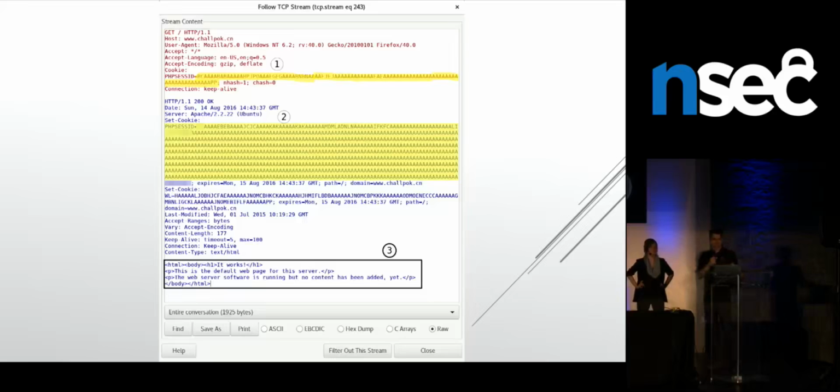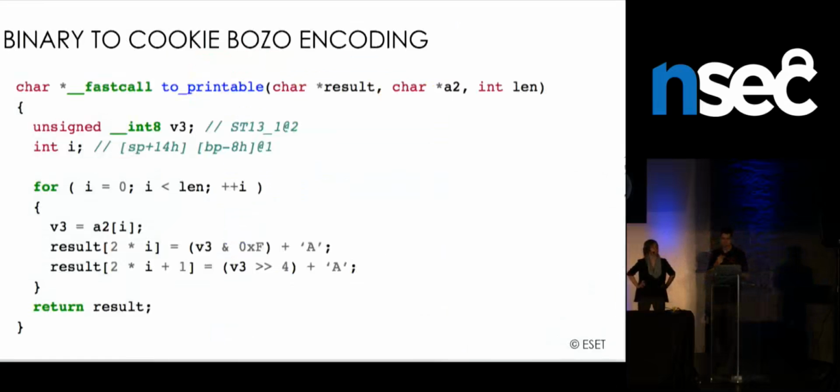Anyway, so now that they encoded in PHP session ID fake cookies, we thought it would be base64 or something safe for HTTP. But instead, they did their own, what I call the bozo encoding, which is they just used the same binary values as their older protocol, but they shifted it in the ASCII space by adding A's to all of the binary, and then they just undo this stuff.